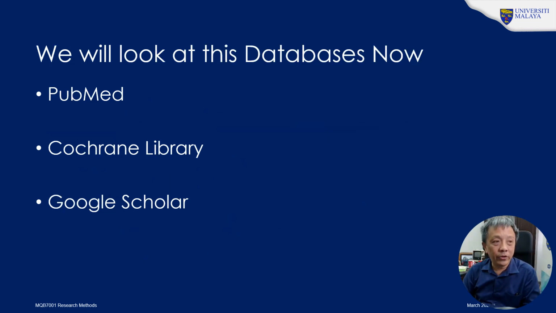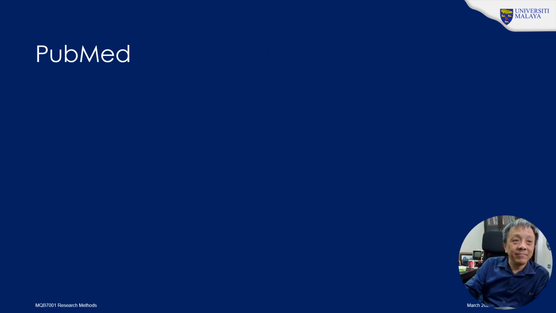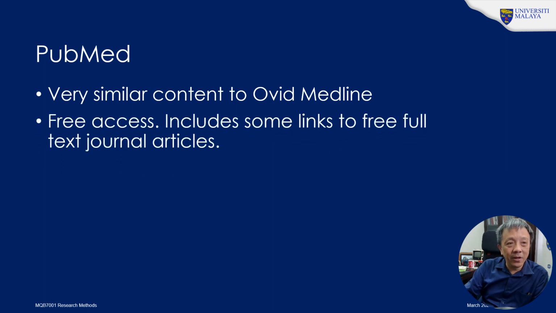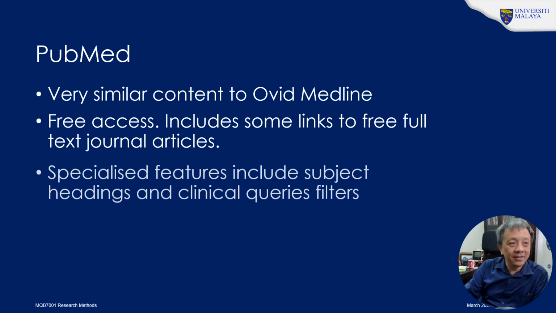So we look at three databases: PubMed, Cochrane Library, and Google Scholar. We just discussed the three databases, and later we'll go into a demonstration. PubMed is very similar to Ovid Medline. It has free access and includes some links to free full-text journals or articles.